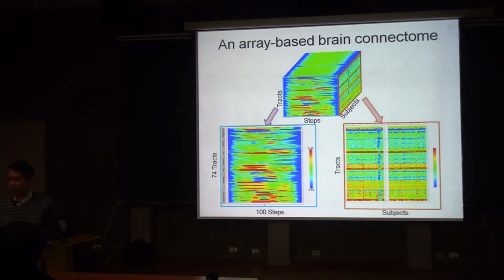Connectome is a term that became popular just in the last 5 years. Connectome means connection, and you need to study the connection in the brain. This will tell you a lot about the brain, about disease, or about genes. Many genes also affect the connections. So this is a very interesting area to work in.